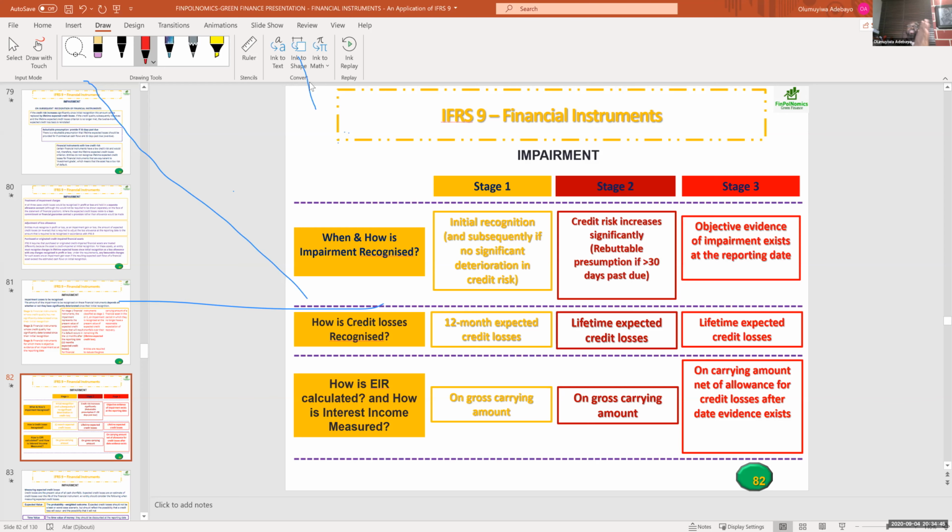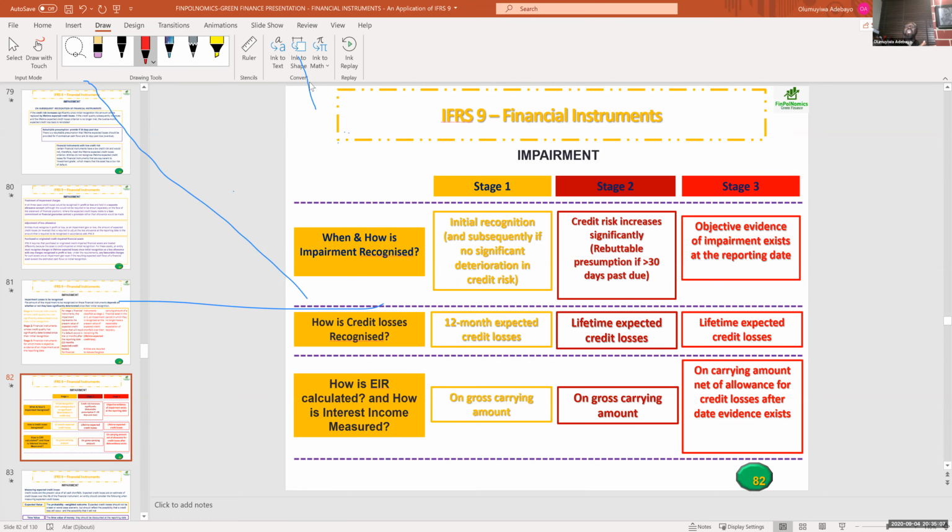Imagine somebody that got a loan from a bank in February, started business in March. Unfortunately, the COVID-19 pandemic occurred late in March in Nigeria, and up to date, the business has crumbled.